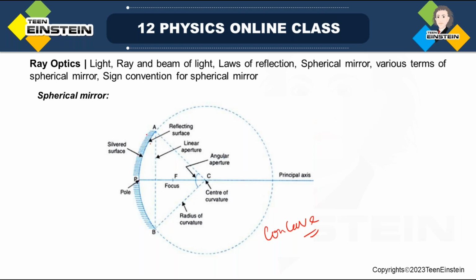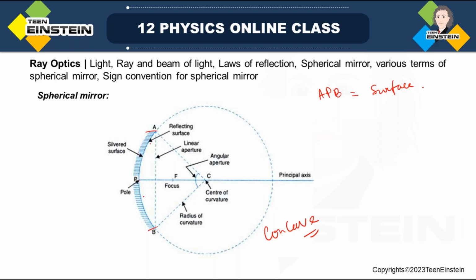So this is the geometrical center of this particular APB surface. The pole is denoted by capital P.